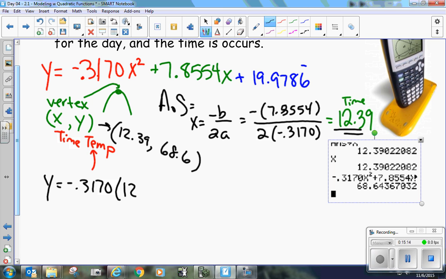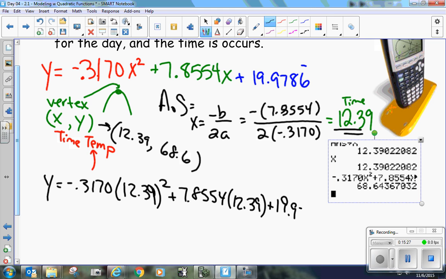So this is 12.39 squared plus 7.8554 times 12.39 plus 19.9786. And that equals my y.